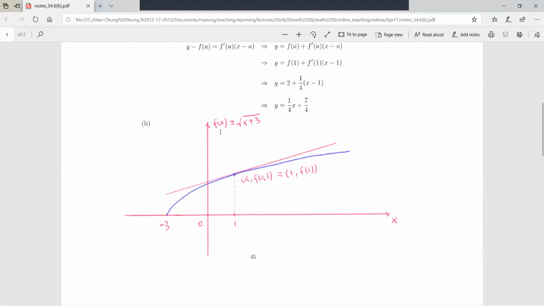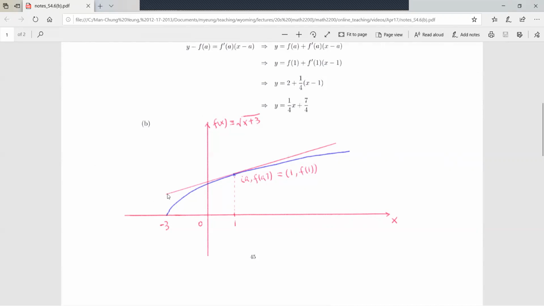So the graph of this function is this blue curve. Point 1 is here, a is here. The corresponding point on the curve has x y coordinates 1 and the function value at 1. Plug in 1 for x here, then the function value at 1 is 2. Square root of 4 is 2.